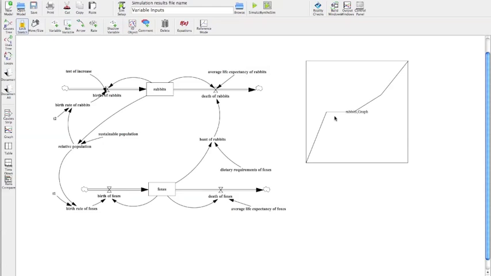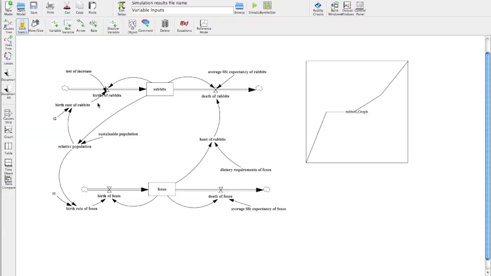You can see that I have here a preset graph, and I don't know if it's going to show yet because we haven't run it. The model has, again, rabbits and foxes, foxes being the predator, rabbits being the prey. I want to walk you a little bit through the structure and also show you a couple of interesting features that are introduced in this model.